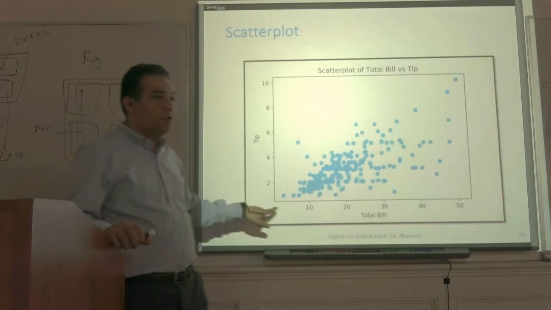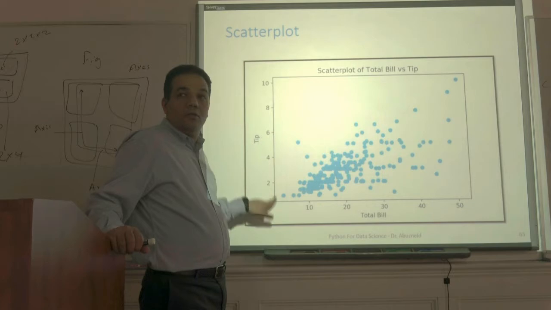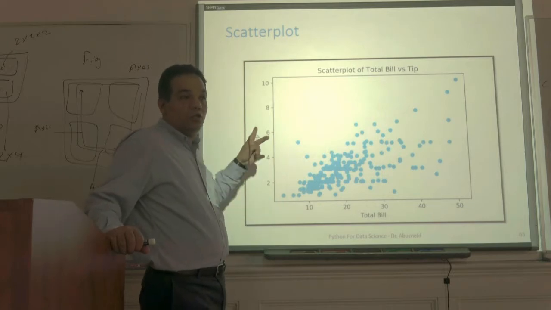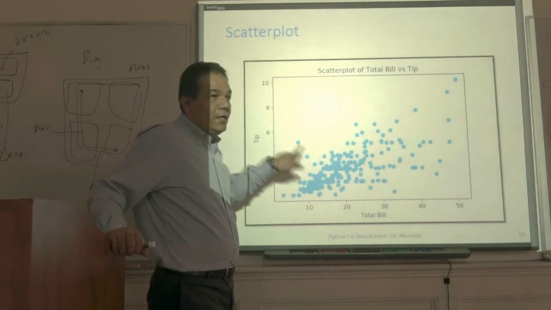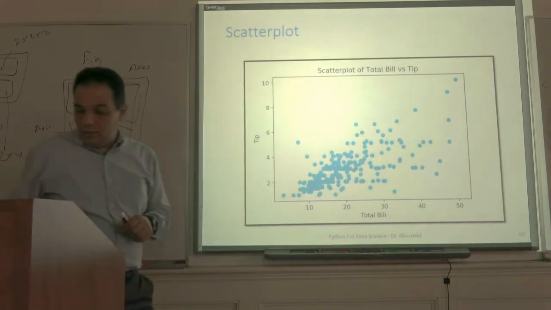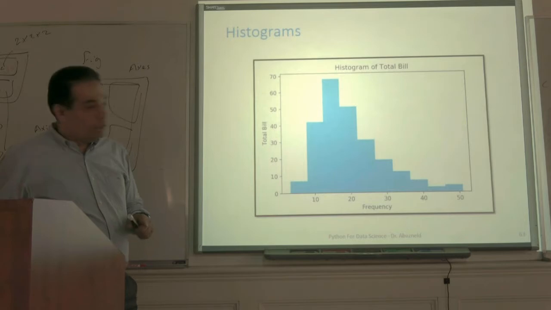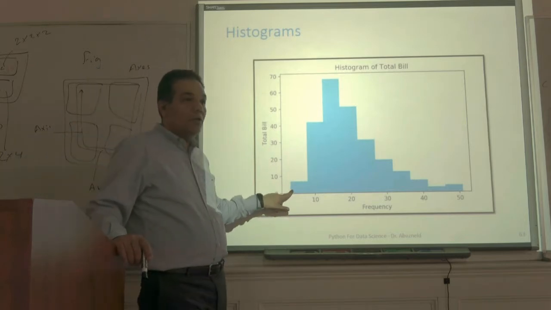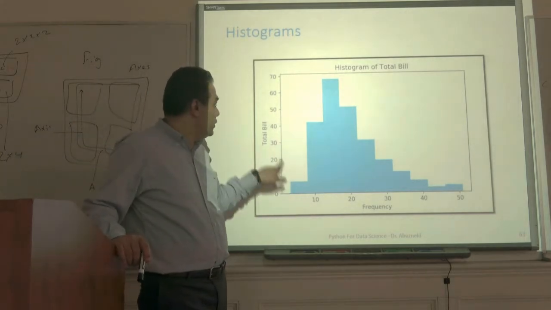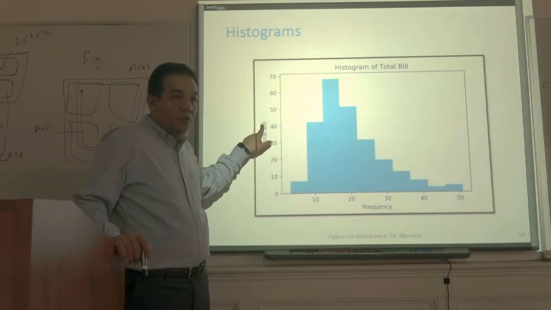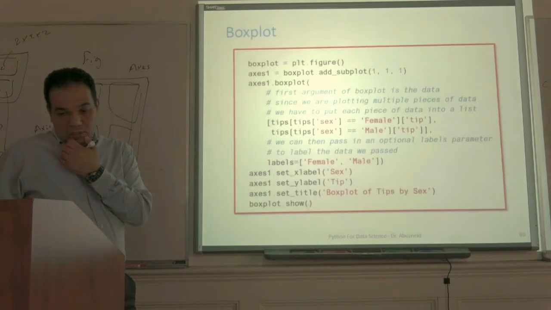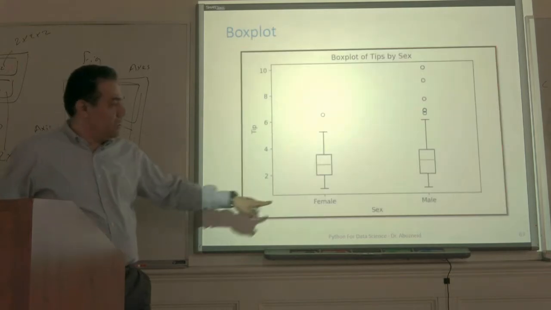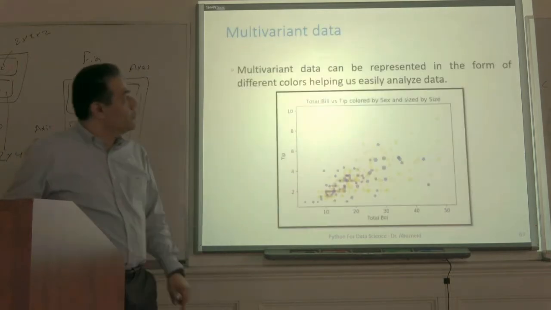How many variables? 2 variables, continuous and continuous. How about in here? One variable, which is continuous. And this one is discrete and continuous.